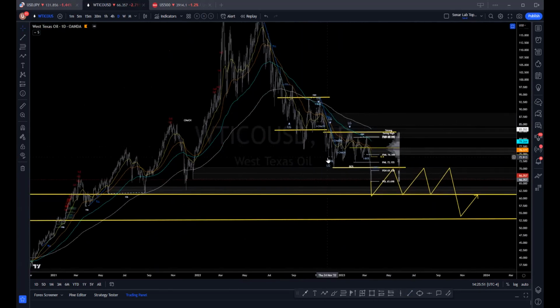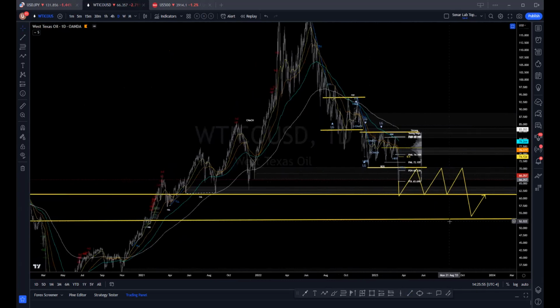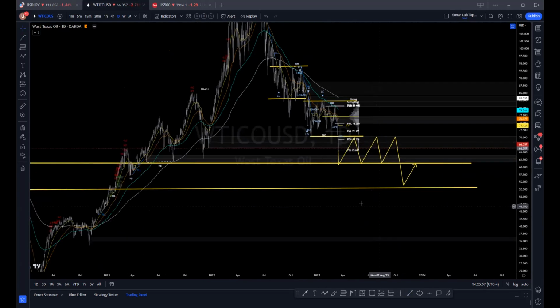Range, drop, range, drop, range, drop. Okay. Until I see some more evidence of possible correction in the market, until we get stronger in the economy for both Canada and US, I would say expect more ranging in the oil, and we're in a bear market, more lower prices on oil.